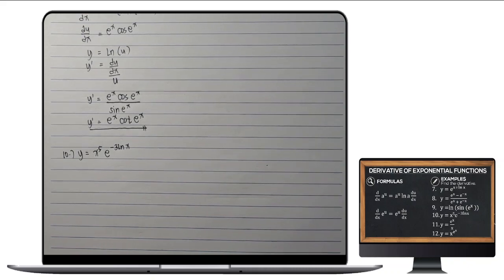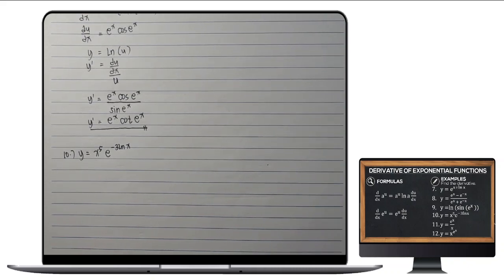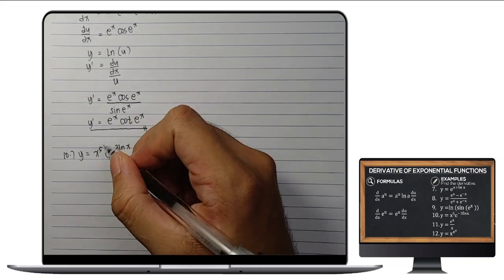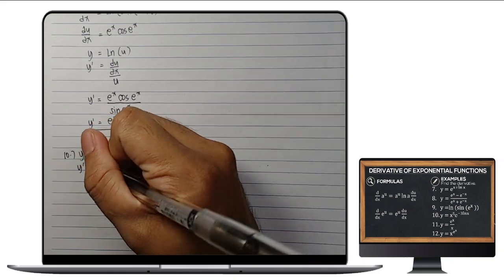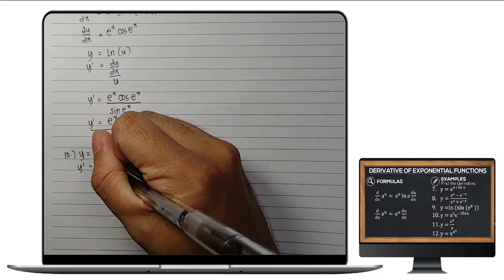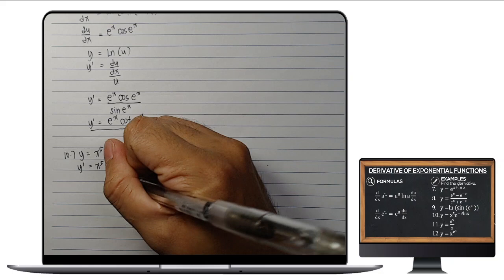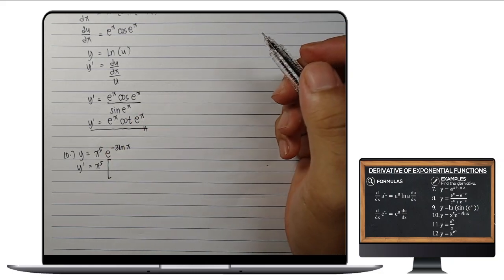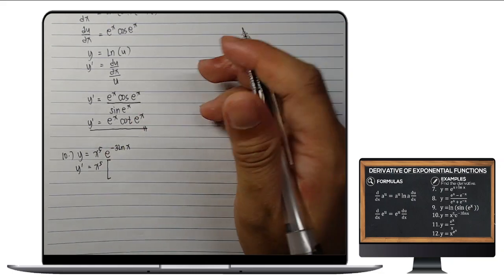Okay? So we can use the derivative of a product again. So copy x raised to 5 multiplied by the derivative of e raised to negative 3 ln of x.